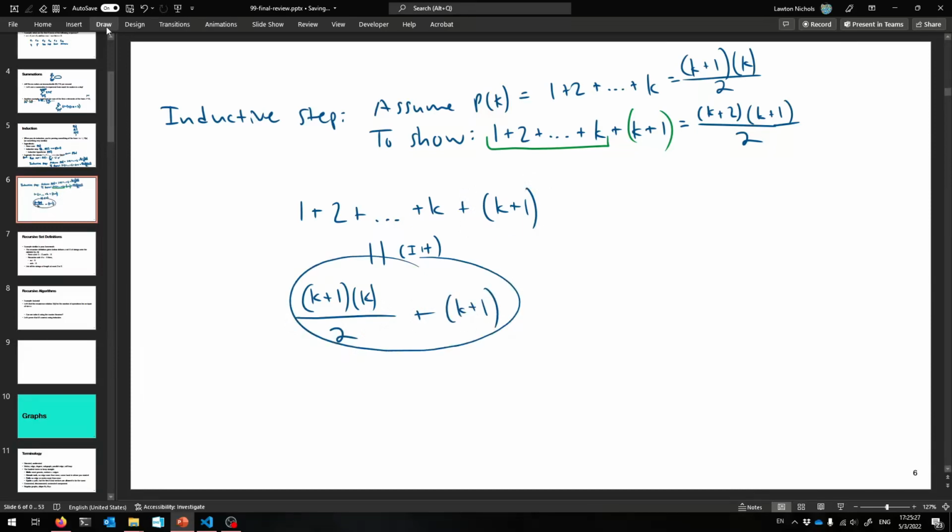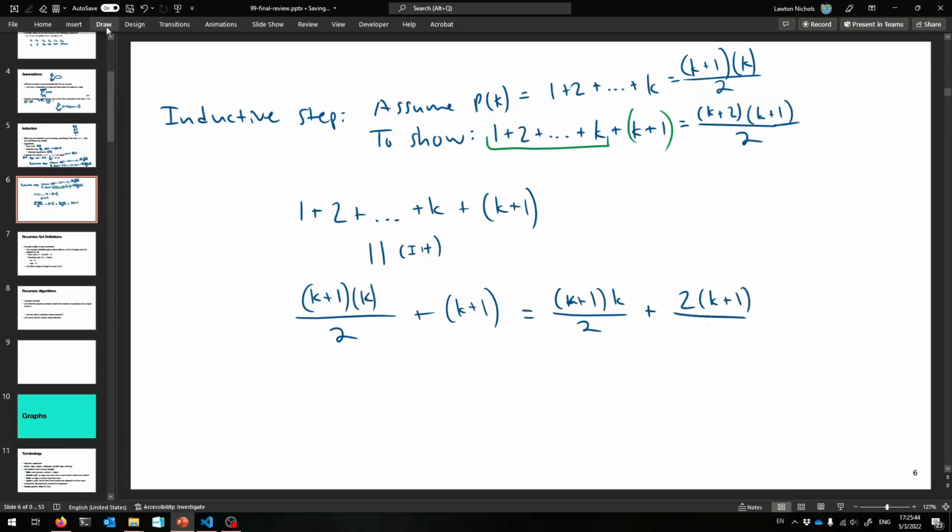And we can actually bring this all under the same fraction if we make common denominators, right? So this is still k plus 1 times k over 2. And then this one is, if you want to give a 2 as the denominator, you have to put a 2 on top too, right? 2 times k plus 1 over 2. And now we have a common denominator that we can put all together.